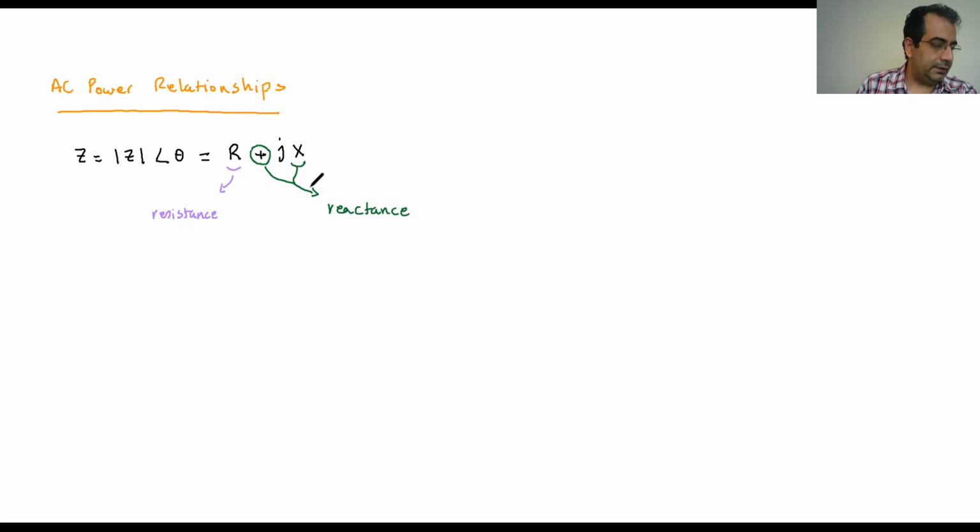If we consider this, we know that for a resistive load, X is 0.